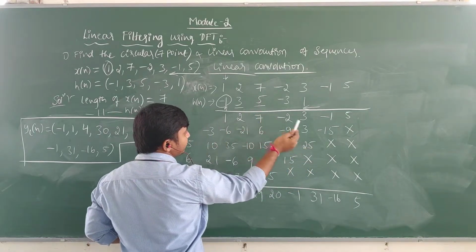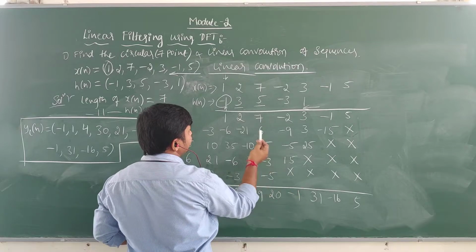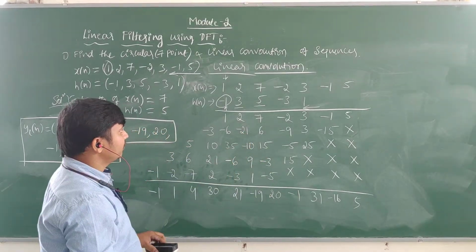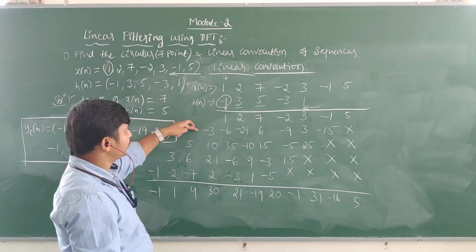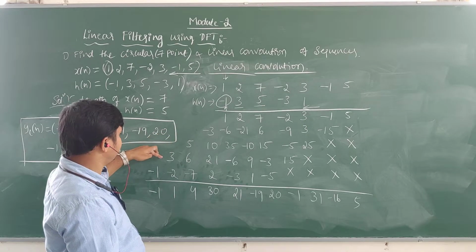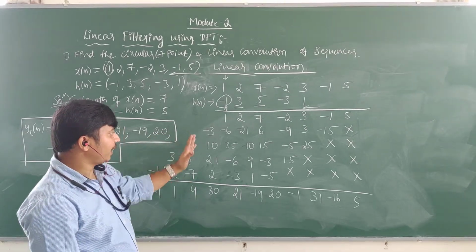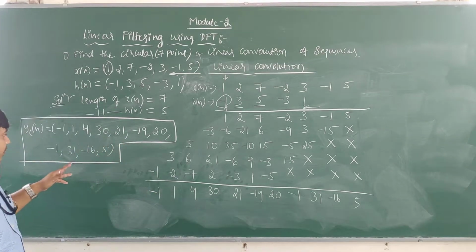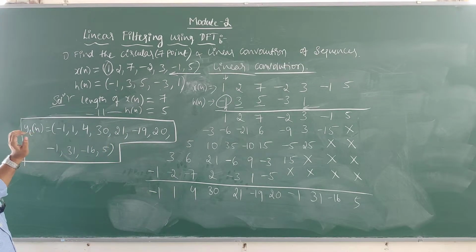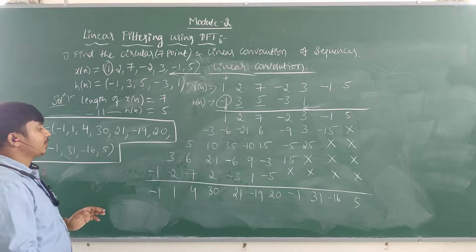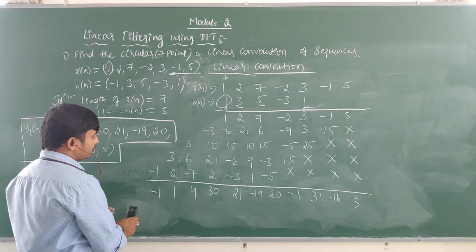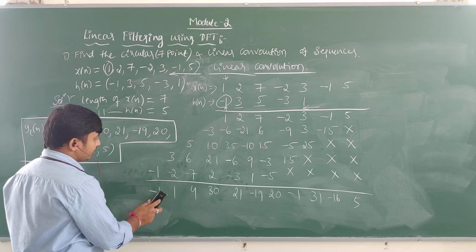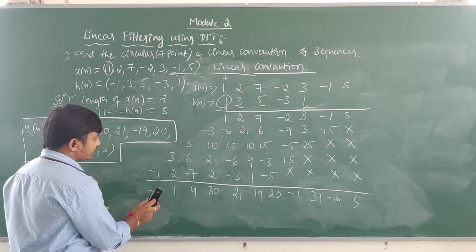Again continue multiplication, leave one more space. So like that. Then add all this, and I get YL of n, that is the output of linear convolution. Now I will show you how to perform circular convolution.